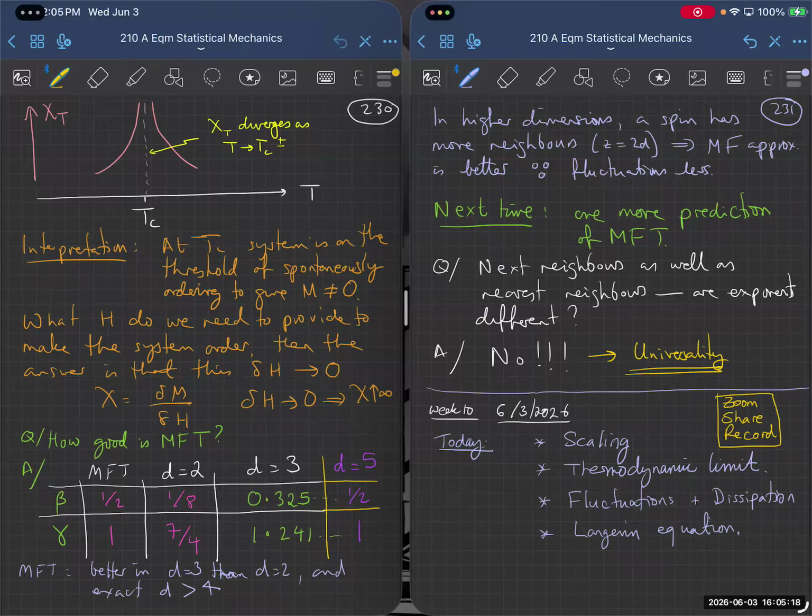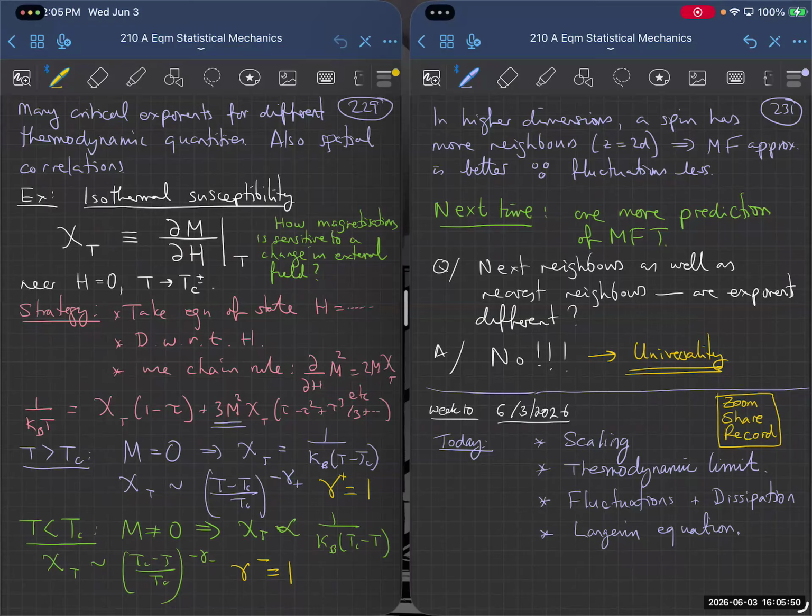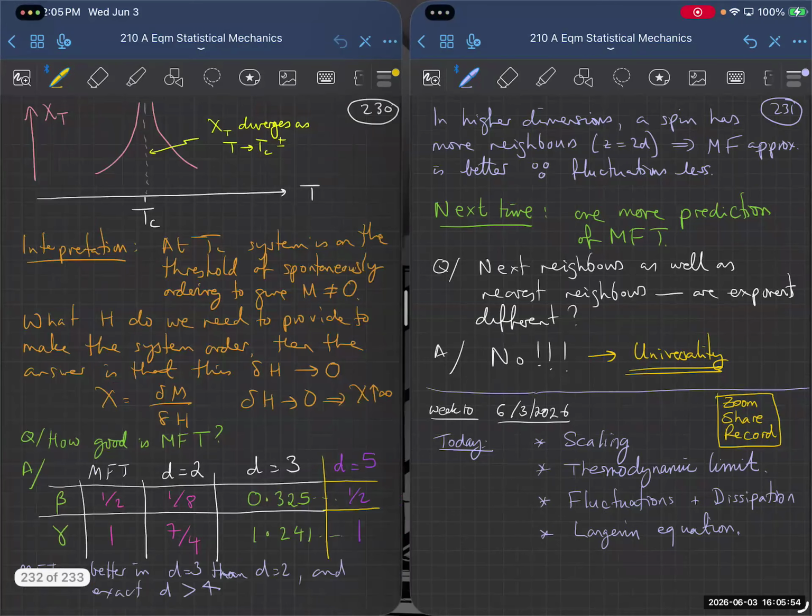So what we did last time was we worked out the simple mean field theory of the nearest neighbor Ising model, and we calculated the emergent critical behavior, the idea that below a critical temperature, the magnetization of the system goes from nothing above TC to something non-zero below TC.